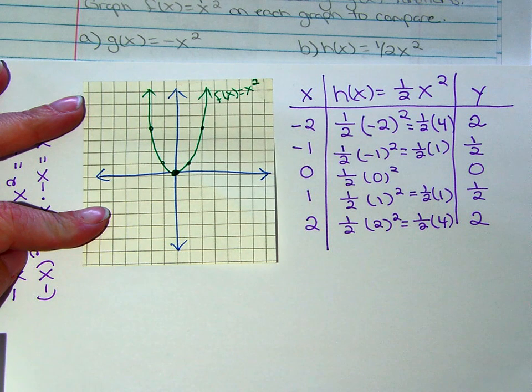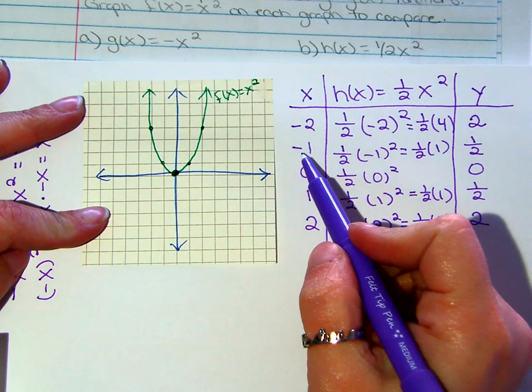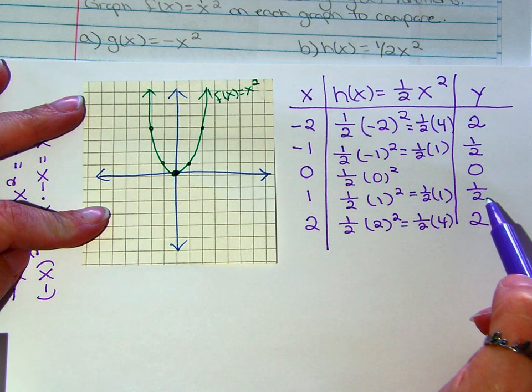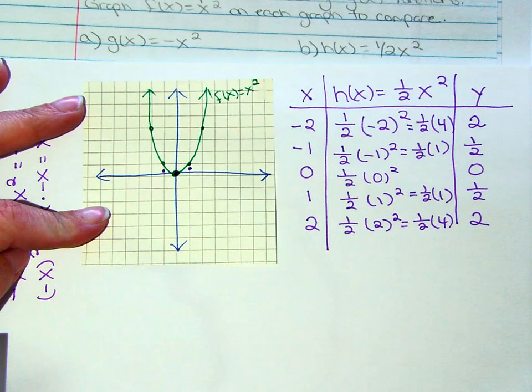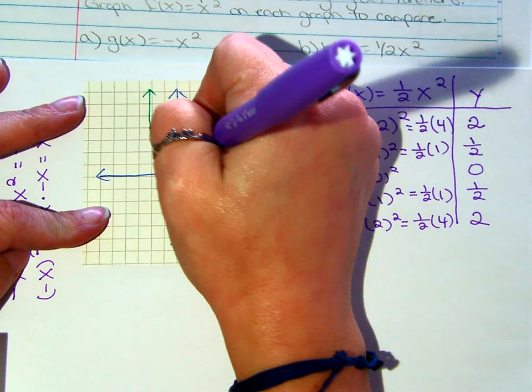And something interesting happened just simply by putting that 1/2 out front. I still have a 0, 0 in there. But notice what happened when I went from 1, now I'm at a 1/2. So I'm only going up half as high as I did previously. And when I'm at 2, I'm only going to 2 instead of to 4.